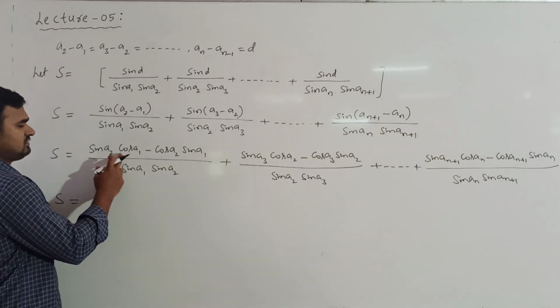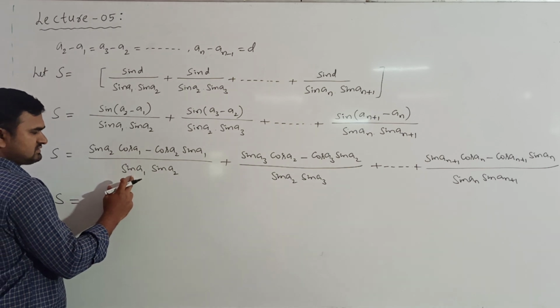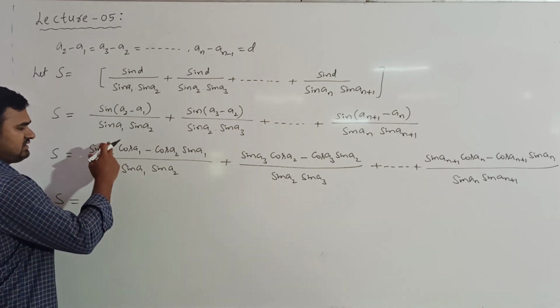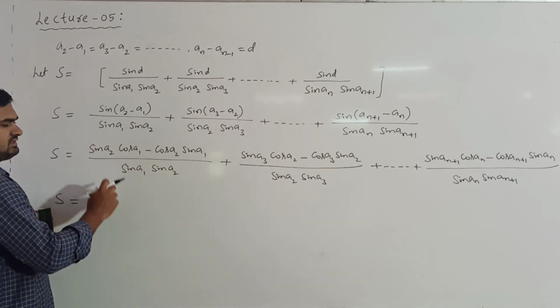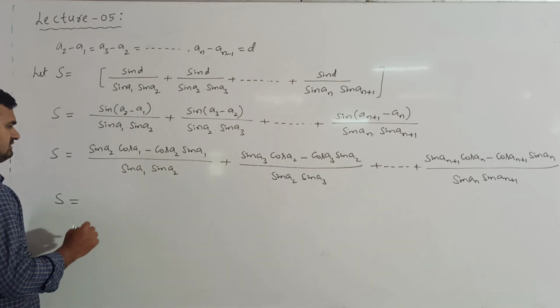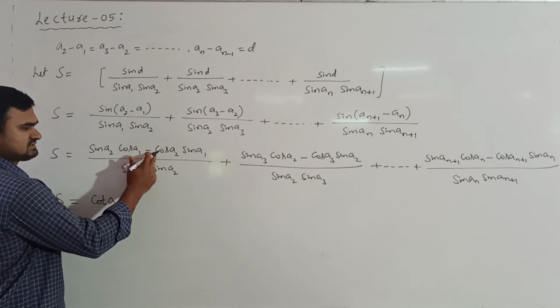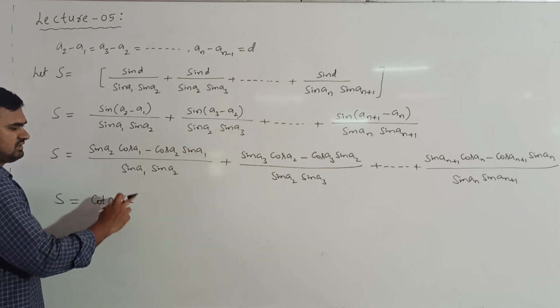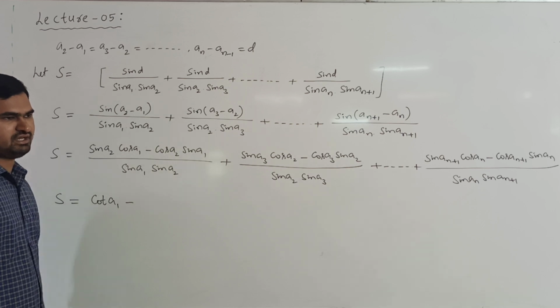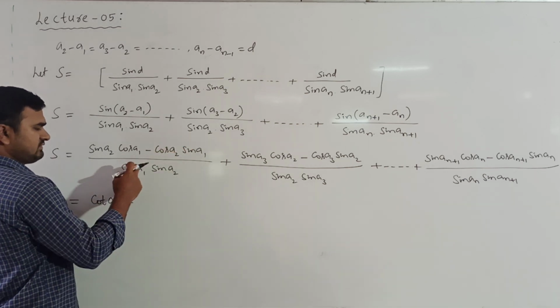See first term sin a2 cos a1 over sin a1 sin a2. Sin a2 will get cancelled. Cos a1 by sin a1, so it is cot a1, minus cos a2 sin a1 divided by sin a1 sin a2. Now sin a1 will get cancelled.